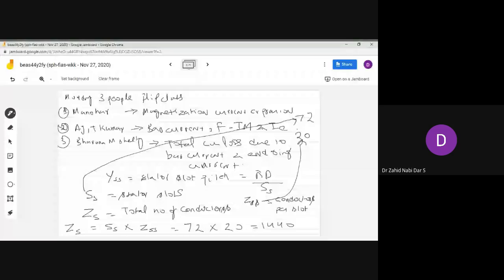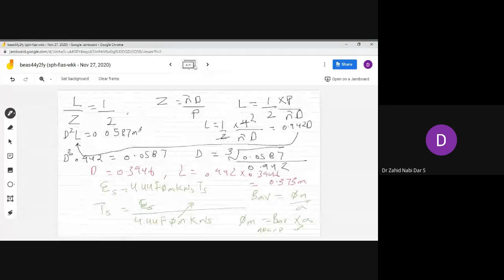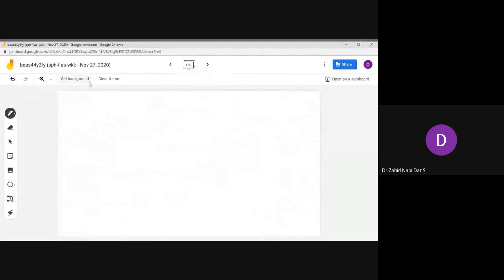So one thing will remain common: M, the number of phases, and P, the number of poles, will remain constant because M is 3 and the number of poles is 4. Now the Q value you can vary.